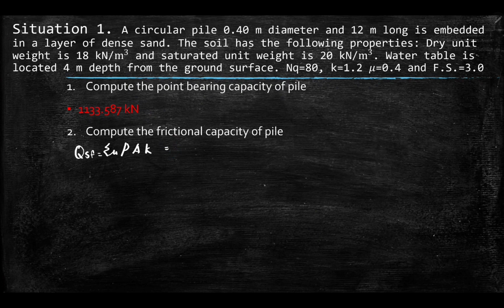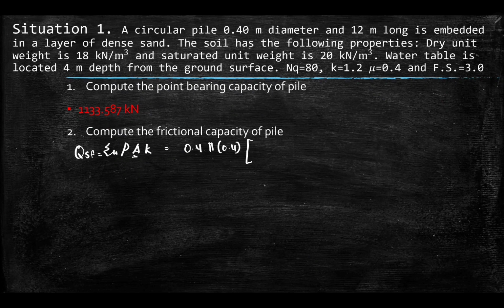For mu, it is given, which is 0.4. Our perimeter did not change in both layers. Therefore, the perimeter of our circular pile is just pi times the diameter, so pi times 0.4. Next, the area here is just the area under the pressure diagram.